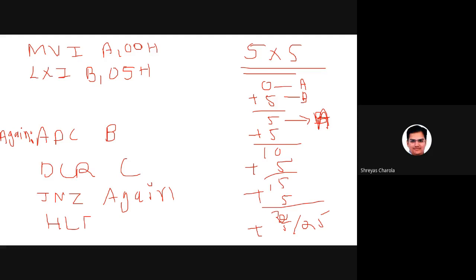Cube means directly, Rajesh, why did you take 25? You need to take 5 only. 5 cube, that is what you need to do. Again, I am telling you, I and Z will not be used. It's JNZ. ADD B, ADD E, C, B, JNZ.